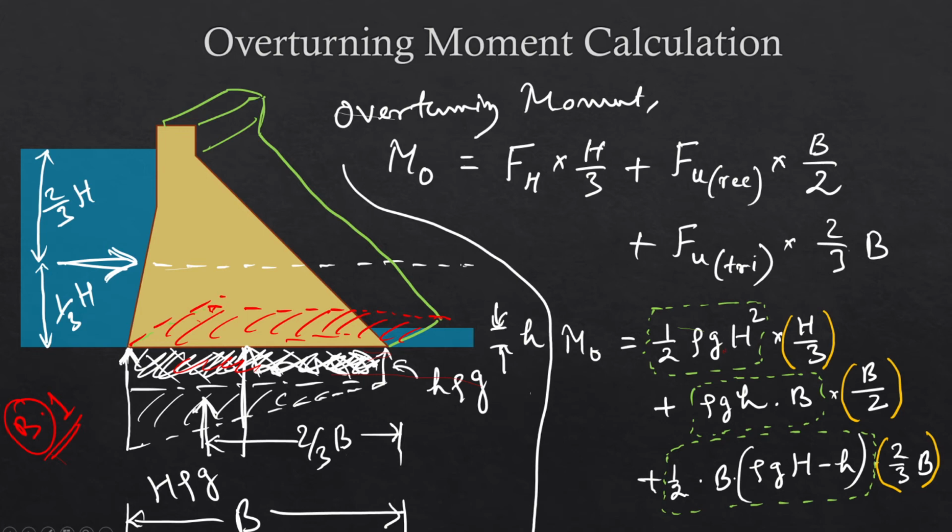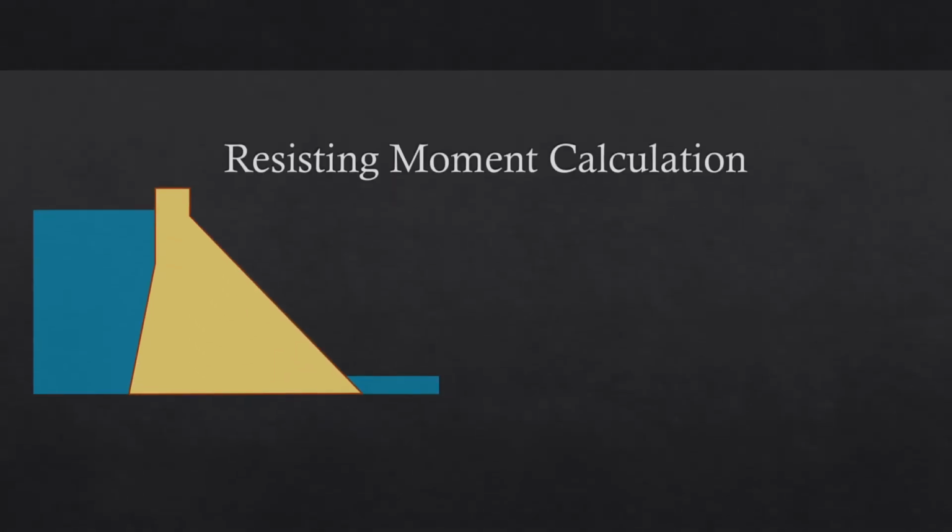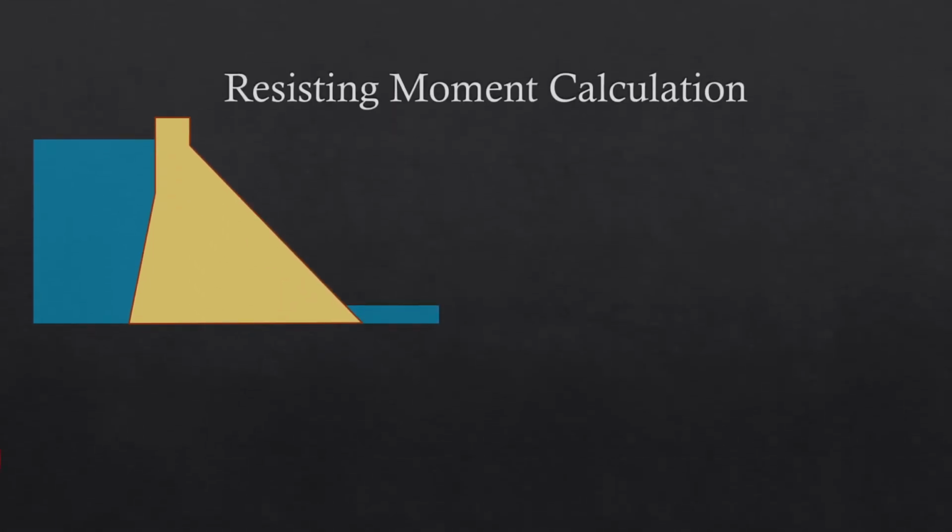Then we'll have to calculate the resisting moment against overturning. So while calculating resisting moment, we'll see what are the forces that are giving resistance to this overturning. The first one is the self weight, but this particular geometry may be difficult to use while we are talking about the distances of forces and the forces themselves.